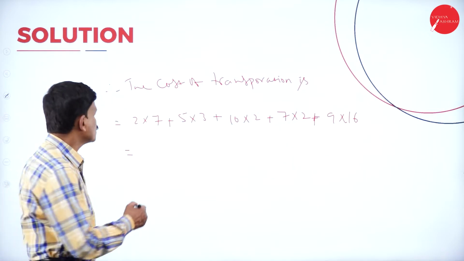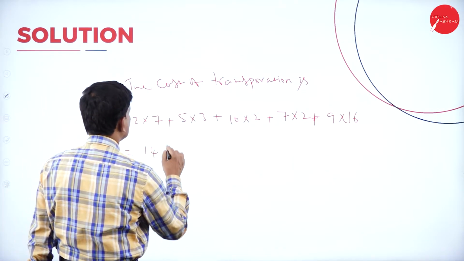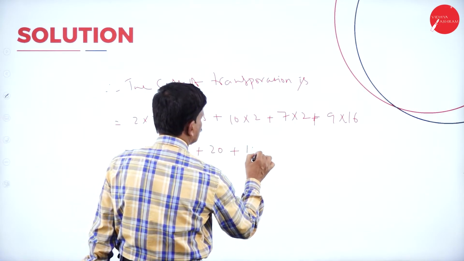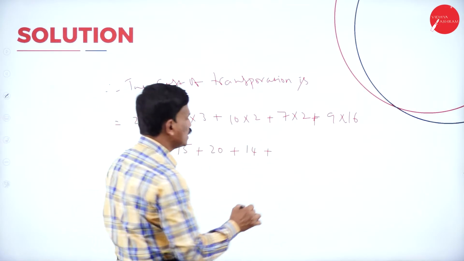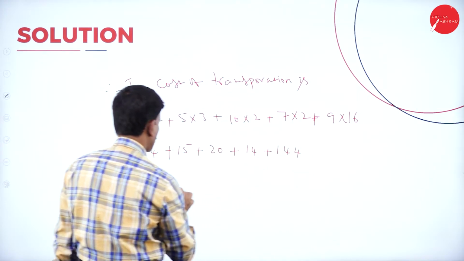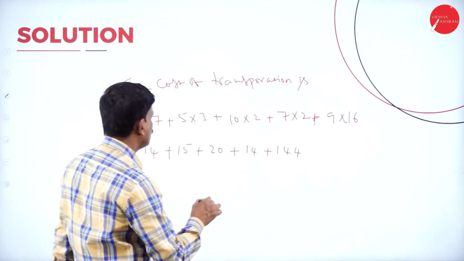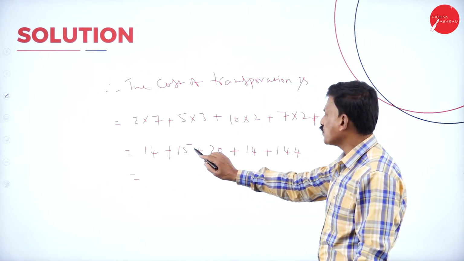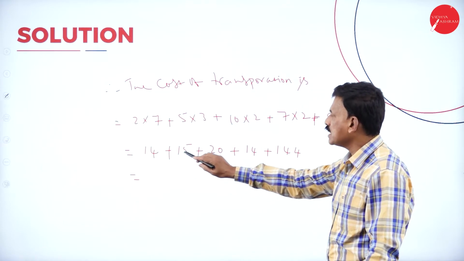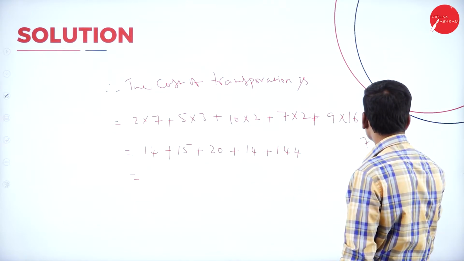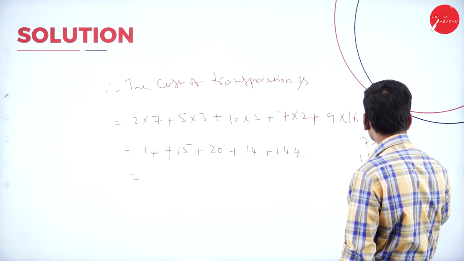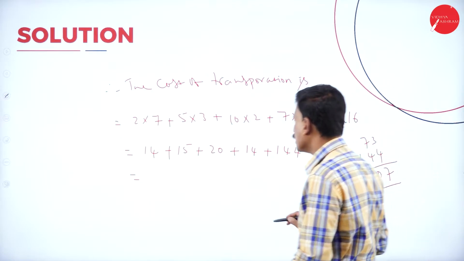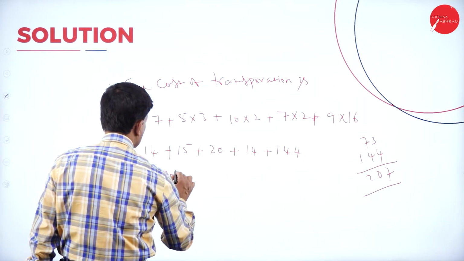Now, let us multiply this. 7 2s are 14, 5 3s are 15, plus 10 into 2 is 20, 7 2s are 14, 16 into 9 is 144. Now, add this. If you add, what will you get? 20 plus 14, 34, 34 plus 15, 49, 49 plus 14, 63, 63 plus 144, this is equal to 207. So, you will get 207.